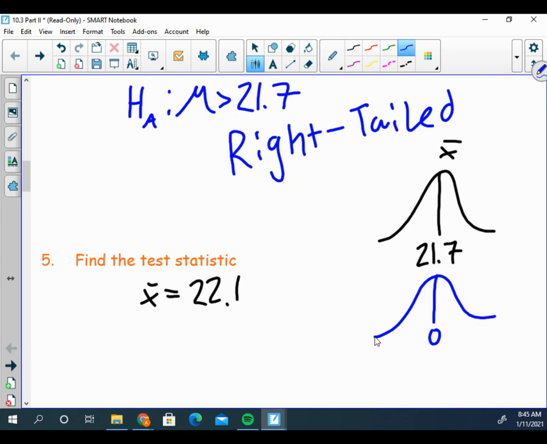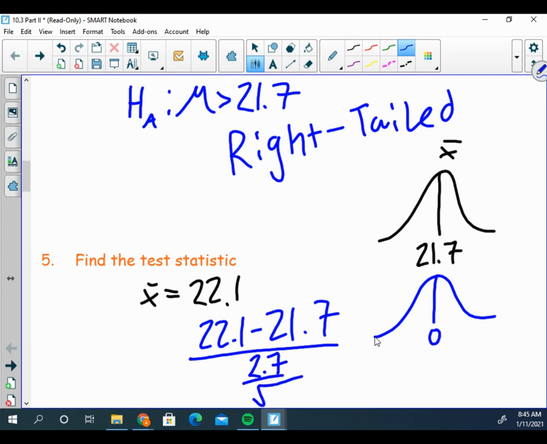And I want to see where 22.1 falls on it. So we do 22.1 minus the mean we're assuming to be true, divided by the standard deviation. In this case, the sample standard deviation, though it's the same as the population. We run this calculation.